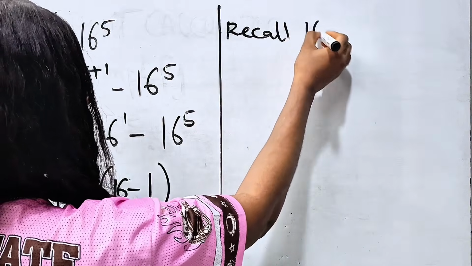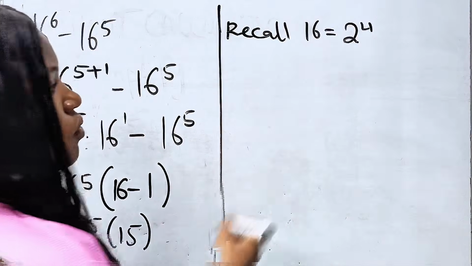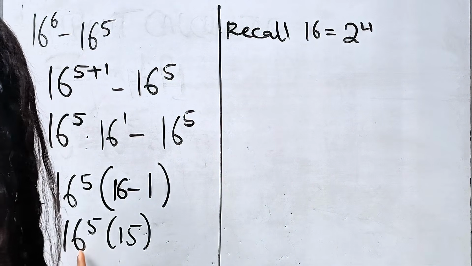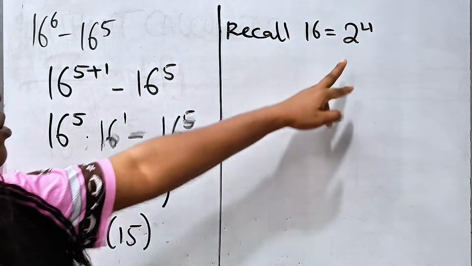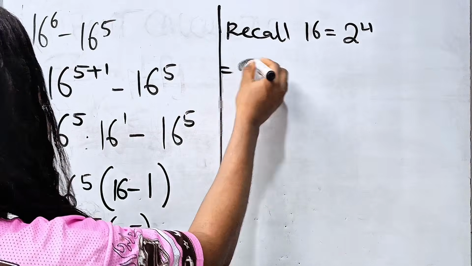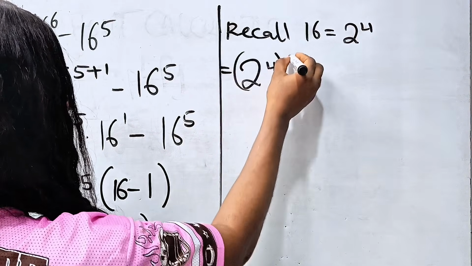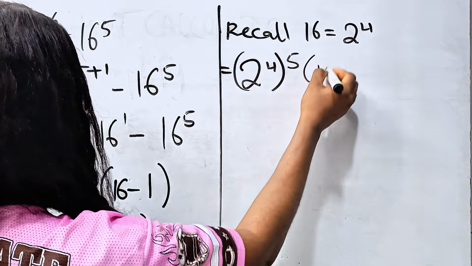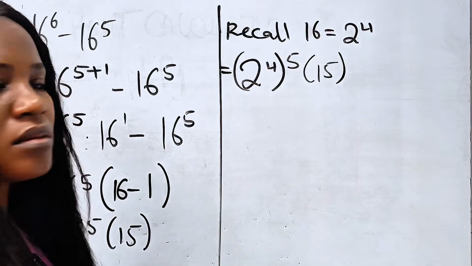Now recall that 16 is equal to 2 to the power of 4. Therefore, I'm going to replace this 16 to the power of 5 with 2 to the power of 4 to the power of 5. So this becomes 2 to the power of 4 raised to the power of 5 multiplied by 15.